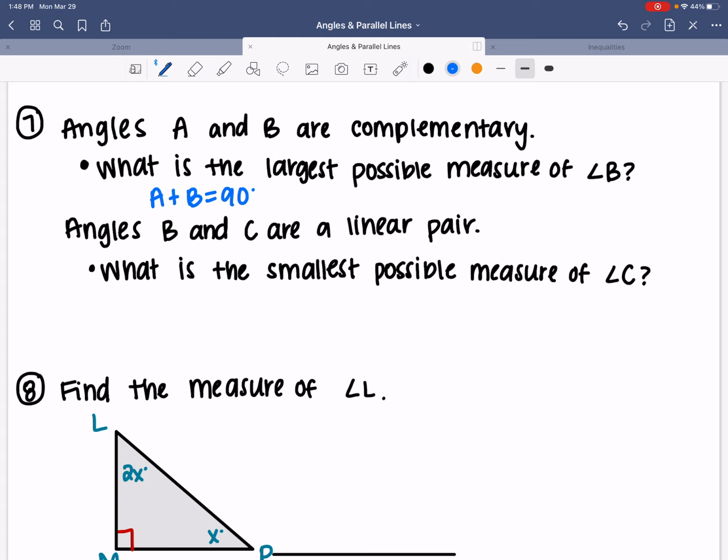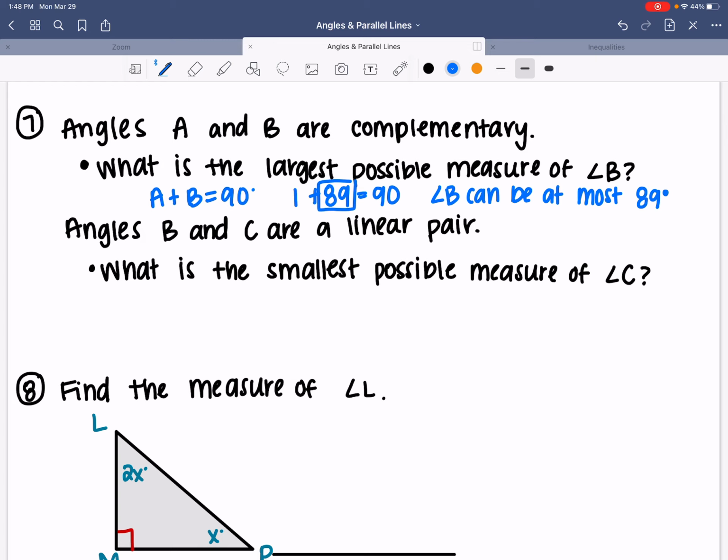Because if you have A plus B, then the largest that one of those can be is 89 and the other one can be 1. So 1 plus 89 is 90, right? So the largest that B can be is 89. So angle B can be at most 89 degrees.